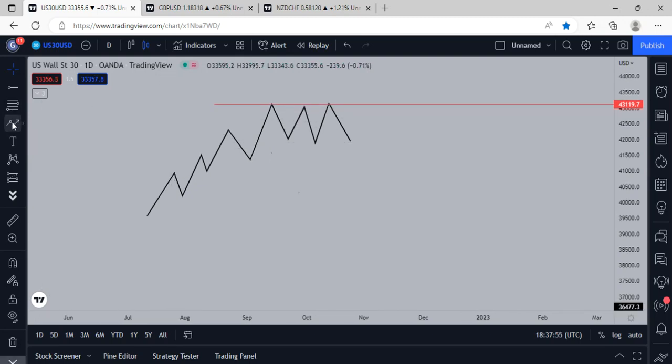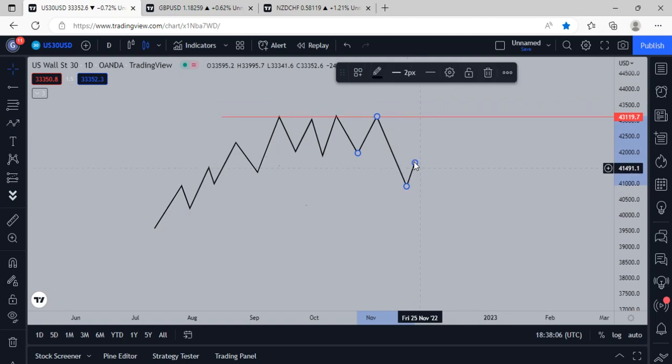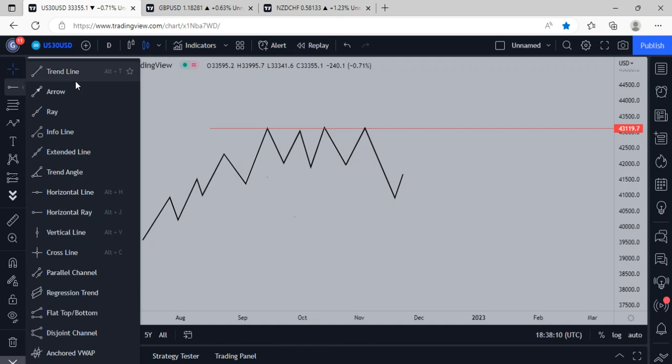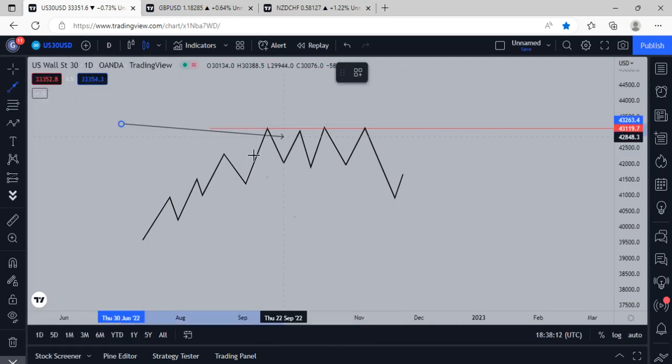Eventually price ends up going back to the downside, it ends up selling. This is what we call resistance: an area where price is failing to break towards the upside to continue for more buying positions.